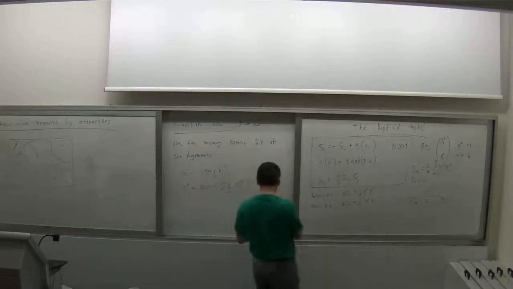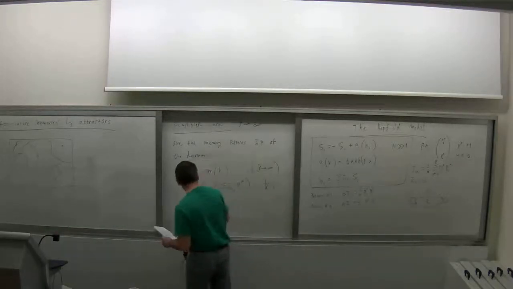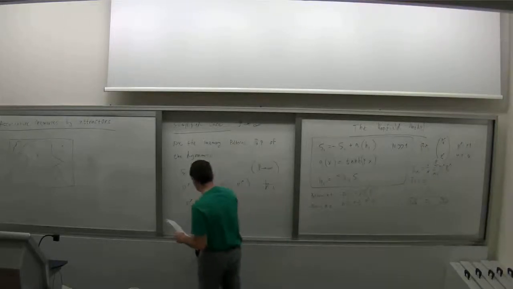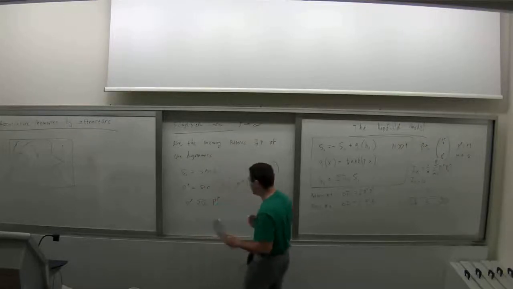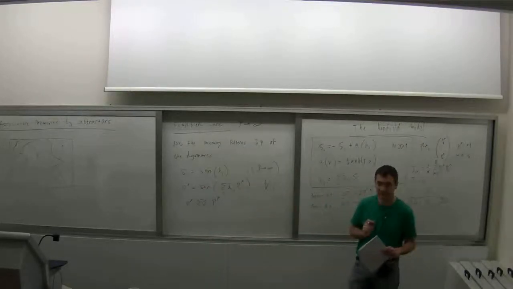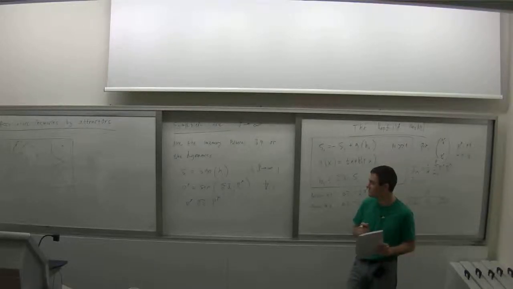Rewriting this equation, basically what we need is that the product of xi_i^mu times the sum over j of J_ij xi_j^mu should be what? Any suggestions? Choose a number between minus infinity and infinity.